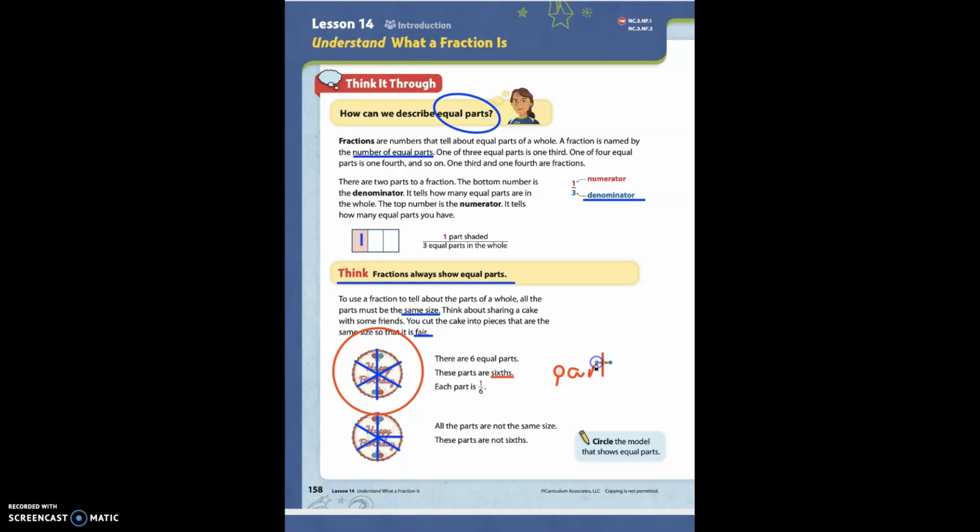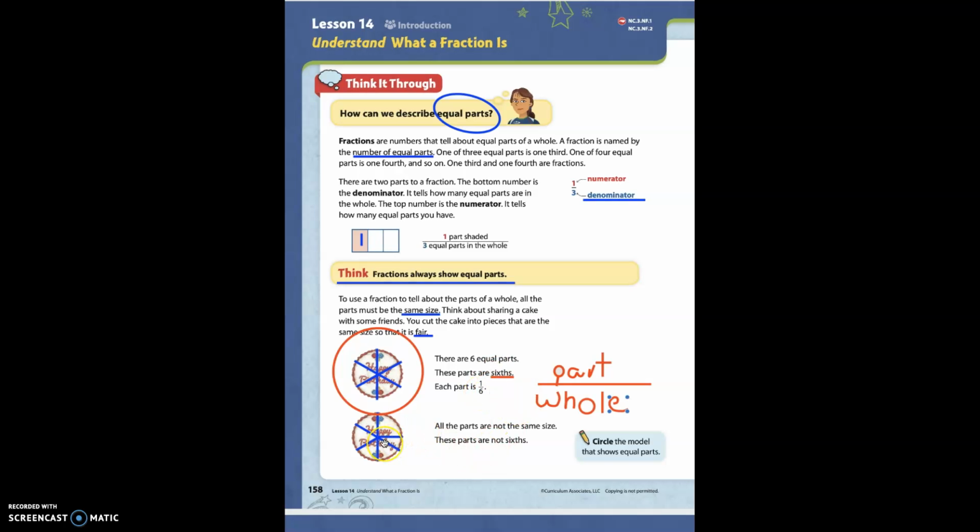Is 1 part out of the whole thing. So there's 1 part out of 6 whole pieces. So the whole thing is made into 6 parts.